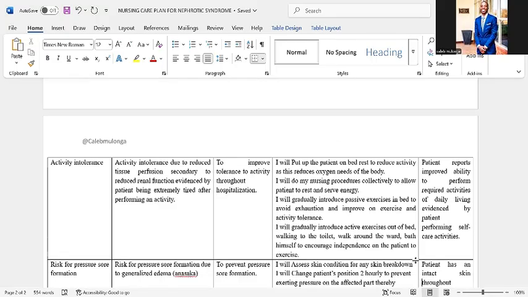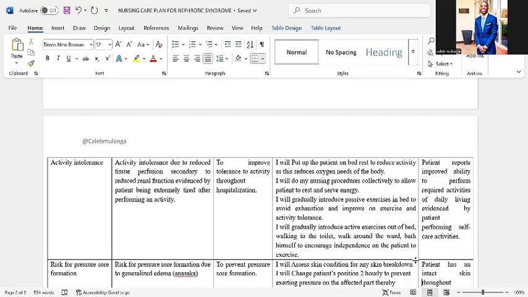But also, one thing that you find is that there will be reduced tissue perfusion as a result of the reduced renal function. So because of the poor renal function, you find that there will be reduced oxygen supply to tissues. There will be reduced nutrient supply to tissues, and that is why this child will be feeling fatigue. There will be fatigue in this patient or in this child.